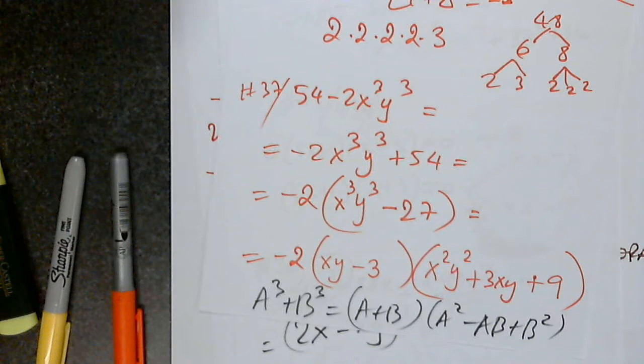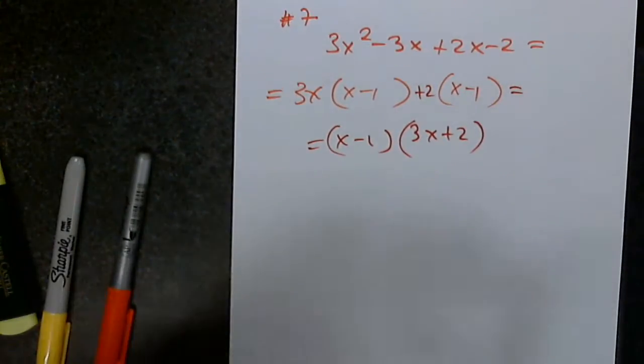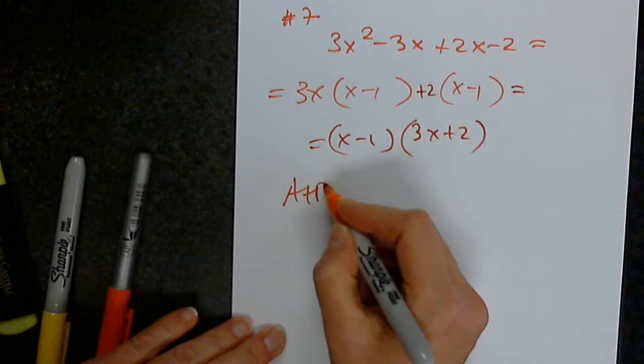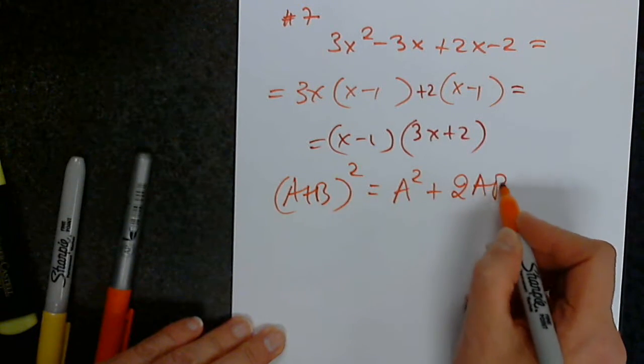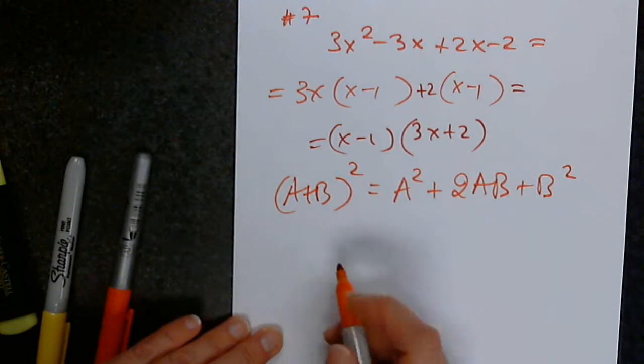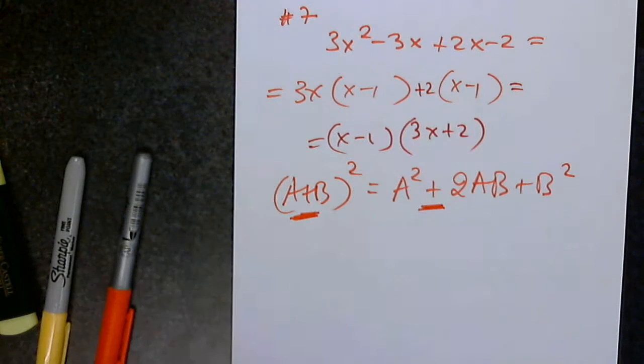Which one? The formula, a plus b squared? Yes, there are two formulas for the trinomial. So a plus b squared is the first term squared plus 2 times the first times the second plus the second term squared.